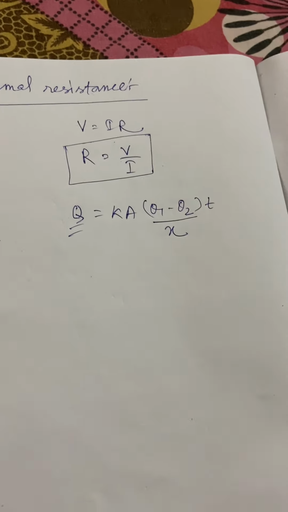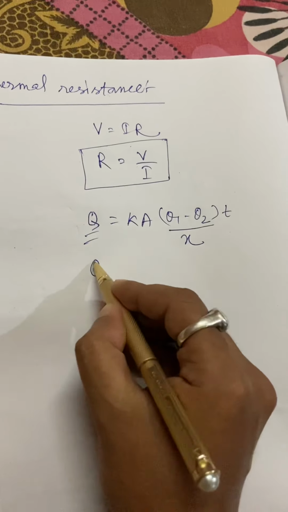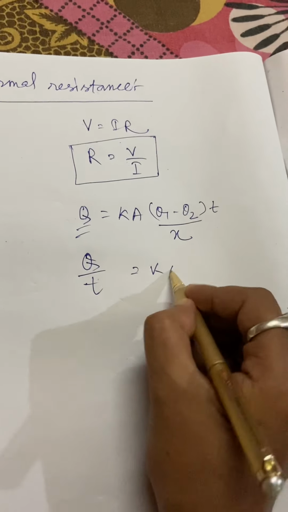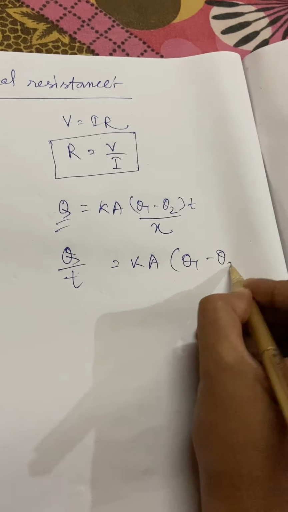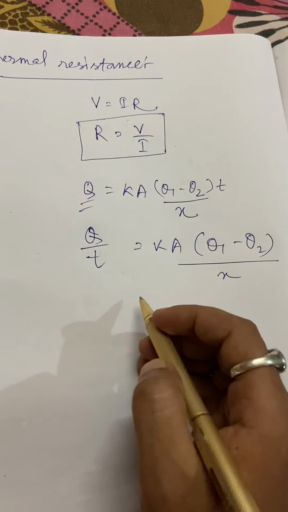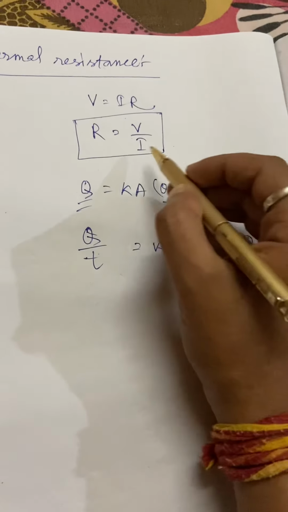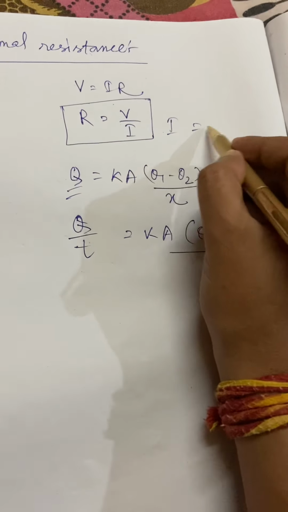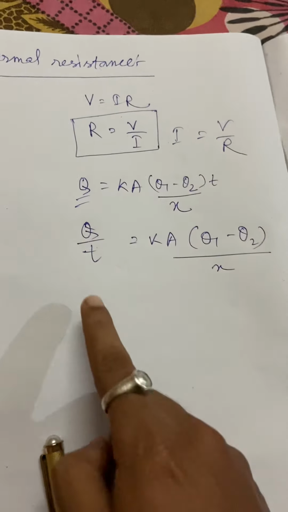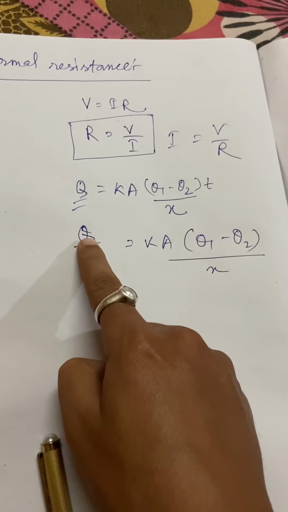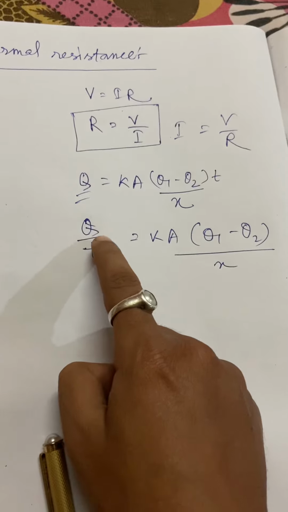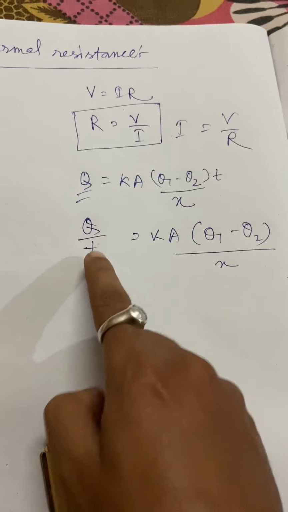Now if we divide this equation by T, it will be Q by T equals Ka (theta 1 minus theta 2) by X, right? So rewrite this like this: I equals V by R. This is the current flow and this is heat flow, or you can say the flow of heat per unit second.